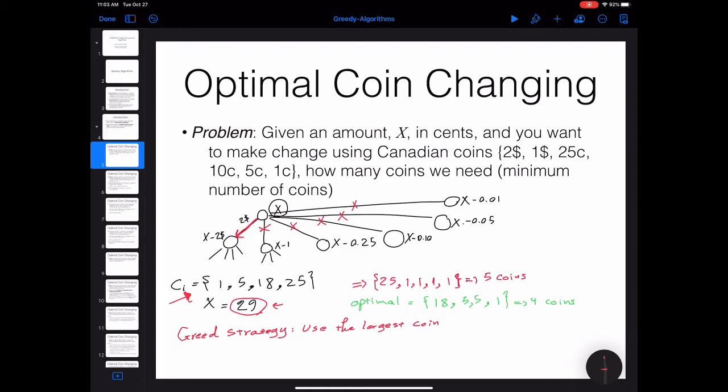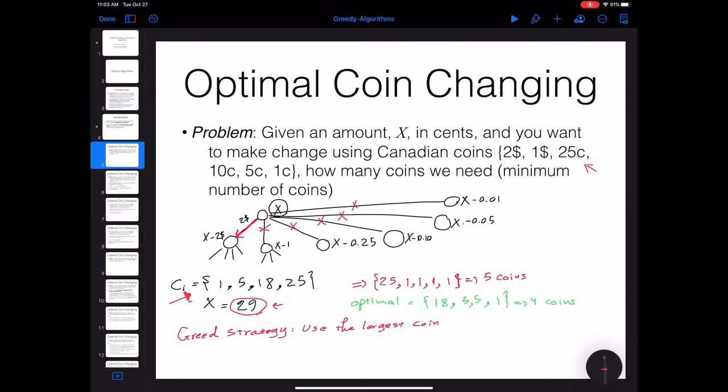But if you want to claim the greedy strategy works and gives you the optimal answer, you have to prove it. For example, I'm claiming that the greedy strategy is going to work on the Canadian coin system. So I have to prove it. I'm going to show the complete proof.